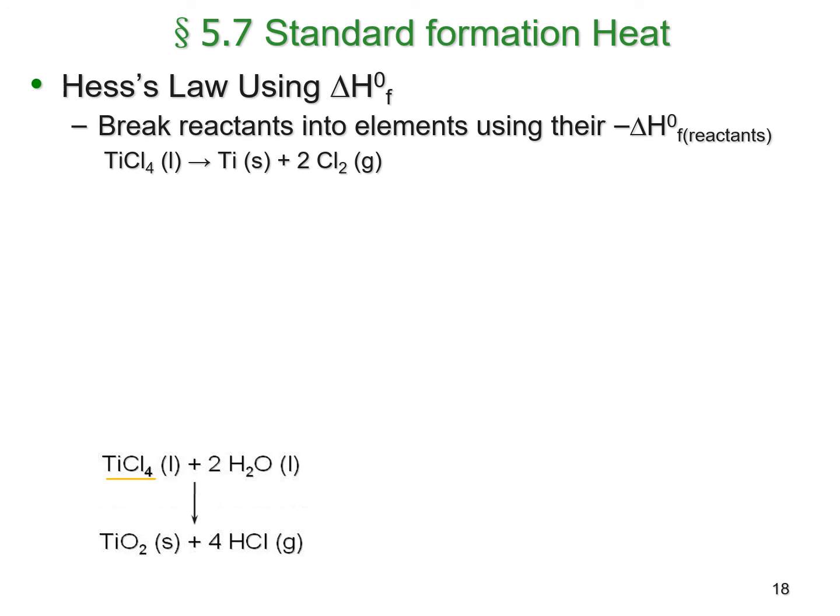The reaction yields 1 titanium and 2 chlorine. So what? What is interesting is if we reverse the reaction, we realize this is the formation reaction because the coefficient of titanium tetrachloride is 1. For the formation, we can use the delta H0F of this titanium tetrachloride.